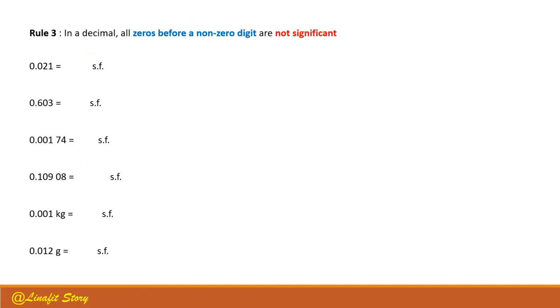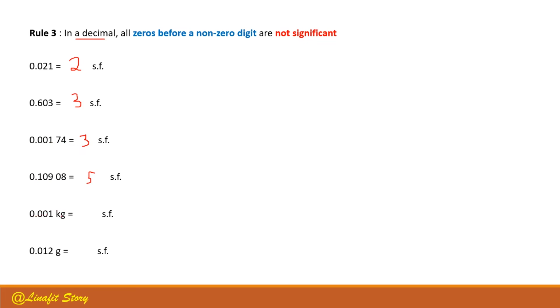Next, the third rule. In a decimal, all zeros before a non-zero digit are not significant. For example, 0.021. 2 significant figures. 0.603. 3 significant figures. 0.00174. 3 significant figures. 0.10908. 5 significant figures. 0.001 kilogram.